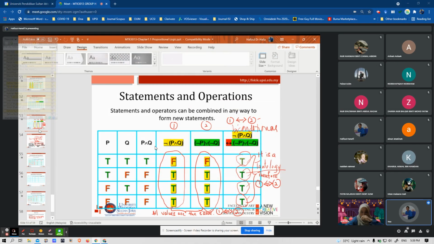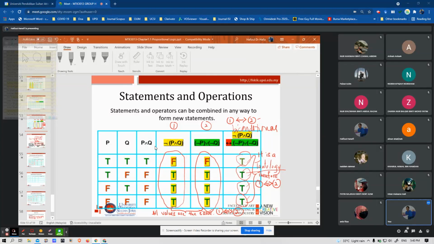Okay, this one is a tautology. For example, if you find this one false, let's say this one is false, this one is a contingency.